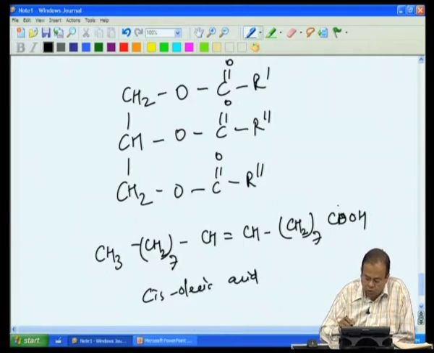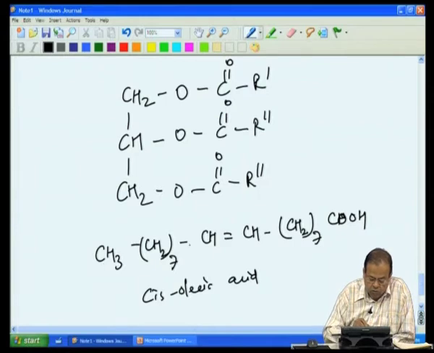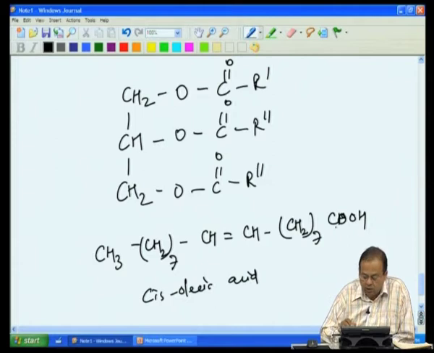So, long chain. The total number of carbon is 1, 2, 7, 8, 9, 10, 17, 18, C18. Okay. And there are various versions of this.